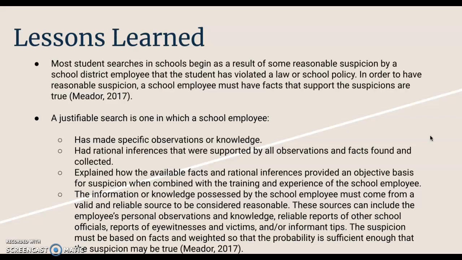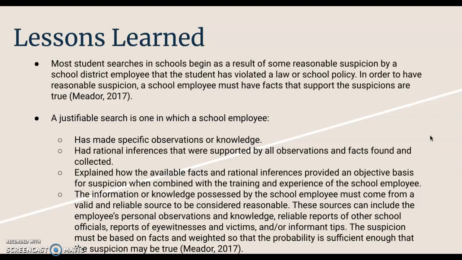So a justifiable search is one in which a school employee has made specific observations or has knowledge, had rational inferences that were supported by all observations and facts, and explained how the available facts and rational inferences provide an objective basis for suspicion, when combined with the training and experience of the school employee. That is something that I would like to see more of, training for teachers.